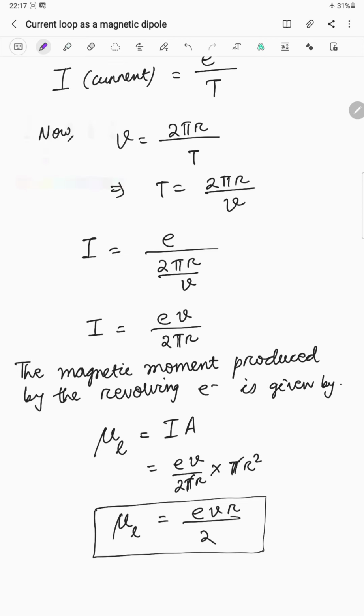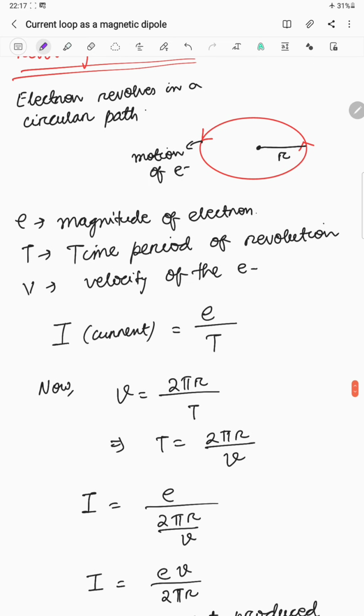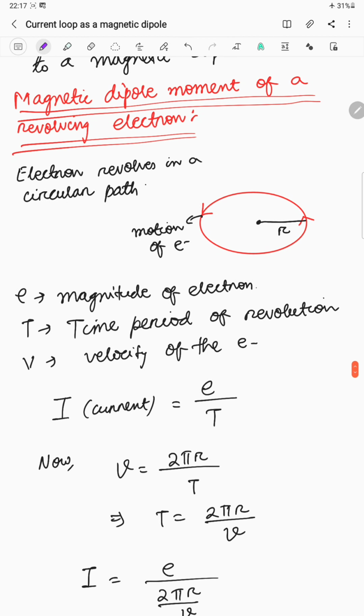Now, the dipole moment has a direction, so we need to find out what the direction is. Moreover, this mu L has got a name. It is called the orbital magnetic moment. Coming to the picture which I have drawn here, the motion of the electron is in anti-clockwise direction.